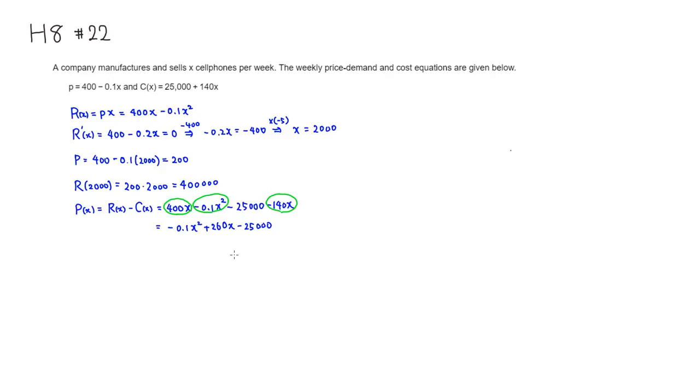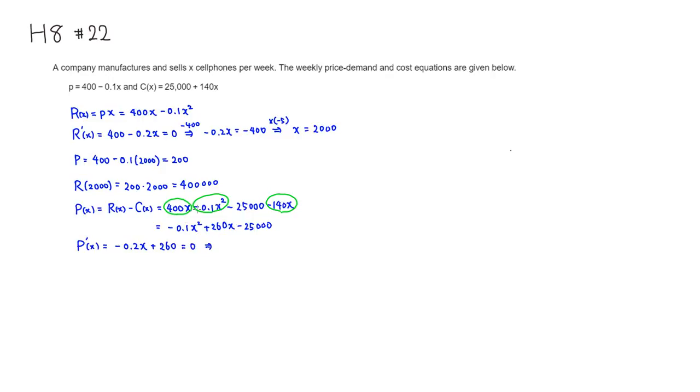Let's try to maximize again. This is a downward-facing parabola, so we know the vertex would be the maximum. We find the critical number. P prime of x is negative 0.2x plus 260. Set that equal to 0.